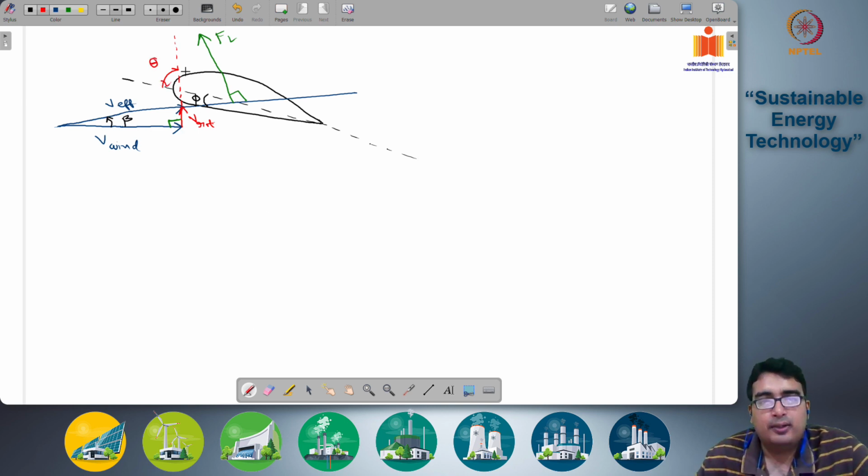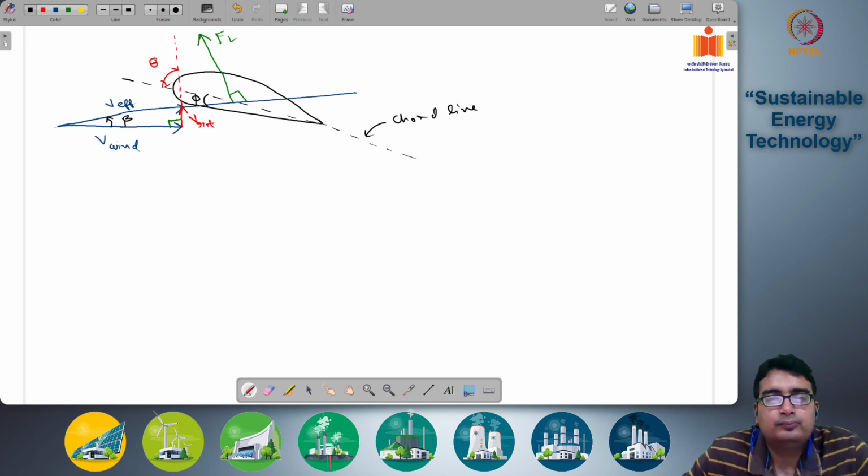Okay, so the angle between the velocity of the blade and the chord, this is the chord length, is theta, the pitch angle. This is your chord line. Okay, so now we can define each of these things.